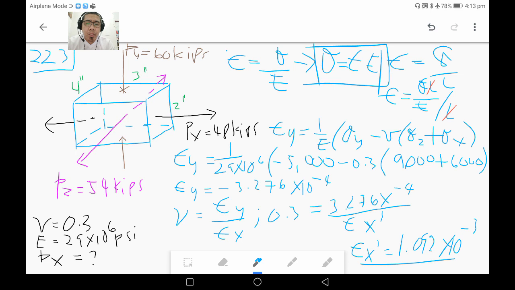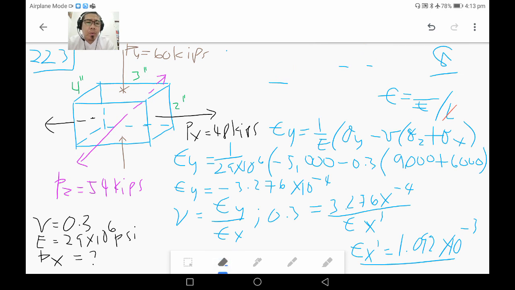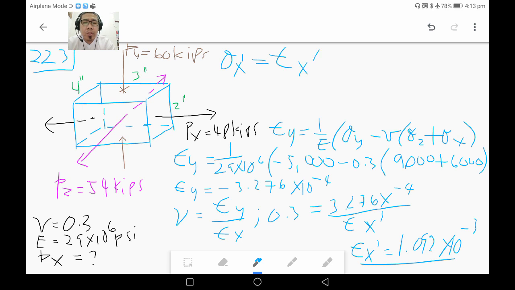Epsilon times E. So, pag makuha na natin yan, meaning, stress in X is epsilon X prime times E, no? So, value ng E. Ano value ng E natin kanina? 29, no? Dito 29 daw ito.